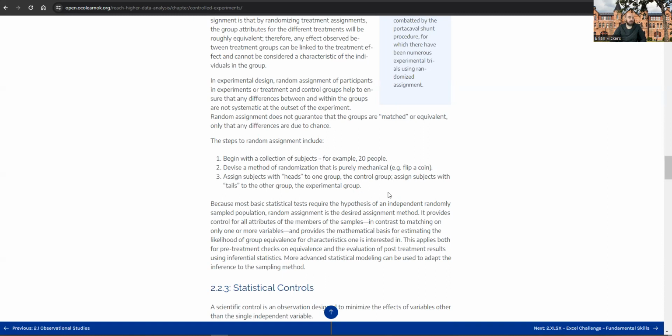You don't know exactly how many are in one group versus the other. You're not specifically picking 10 people for heads and 10 people for tails. It does start to show that you might start looking for your top 50% of performers versus looking at the performance of all people in the group. There's room for bias there.